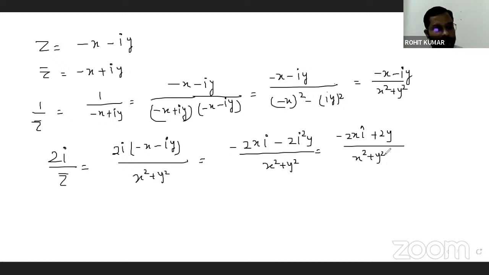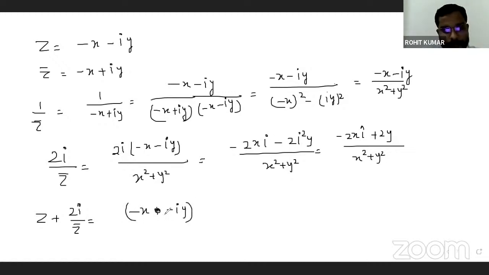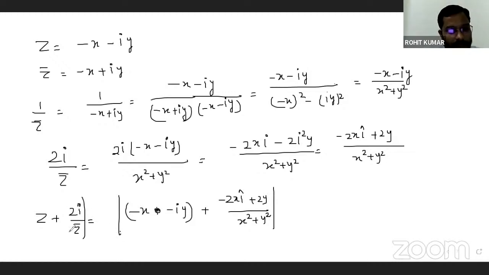This is 2i upon z bar. What do we need to calculate? Z plus 2i upon z bar. So z is minus x minus iy, and then plus (minus 2xi plus 2y) upon x square plus y square. You are already aware of the values given here as x and y.